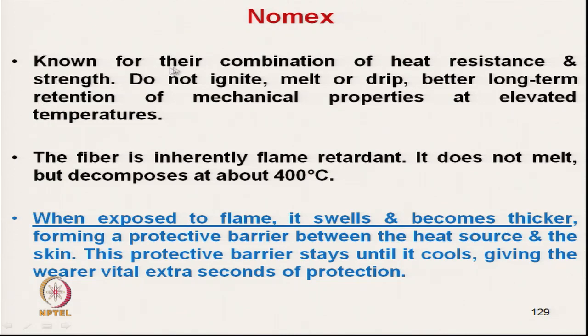Nomex is one fiber which is very commonly used for flame protective clothing. It is known for its combination of heat resistance and strength, does not ignite, melt or drip, and has better long term retention of mechanical properties at elevated temperature. So, at high temperature it maintains the mechanical property.